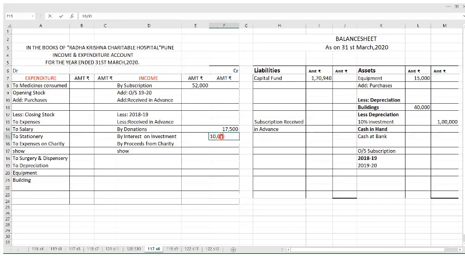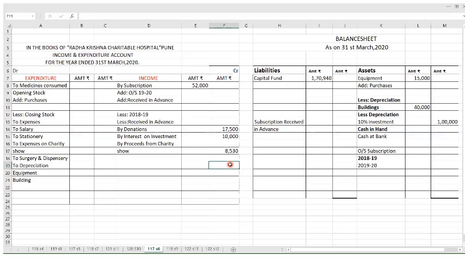It will appear in the outer column. Then next to proceeds from charity show, it will transfer to the credit side of income and expenditure account, that is by proceeds from charity show, amount is 8,530.